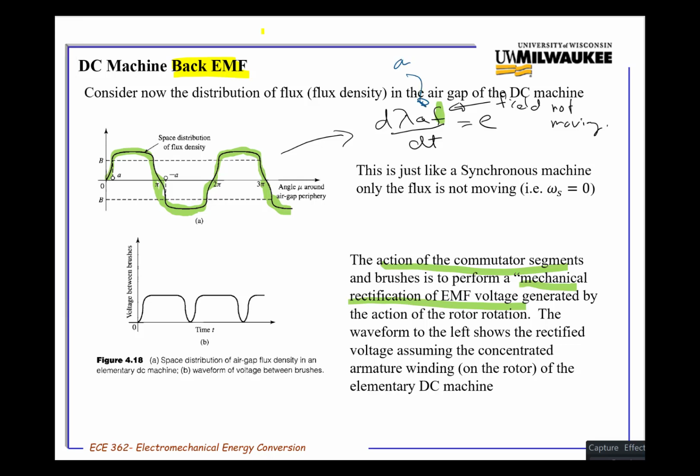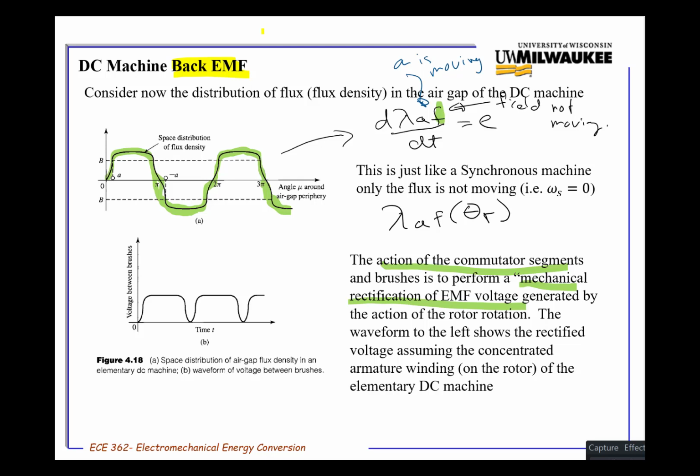A is moving, and it's a function of the position of the rotor. So we can actually say we have a lambda AF that is position dependent, a function of theta R, the position of the rotor.